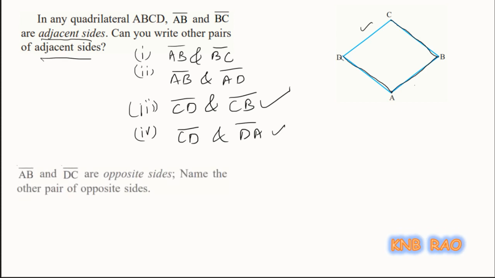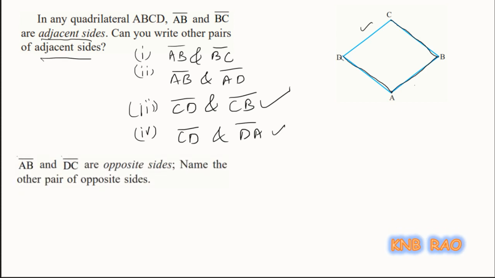Then moving on to AB and DC. Which are AB and DC? This. They are not adjacent. What are they then? They are opposite sides. So in a quadrilateral I have pairs of opposite sides.